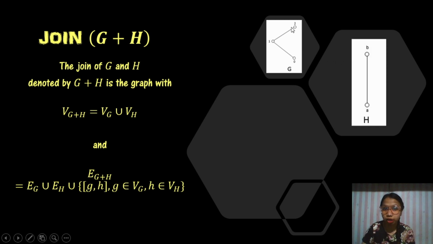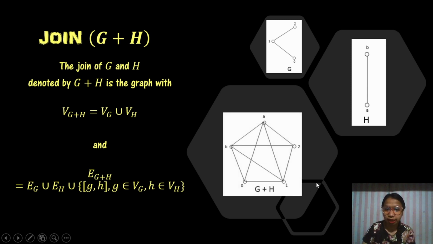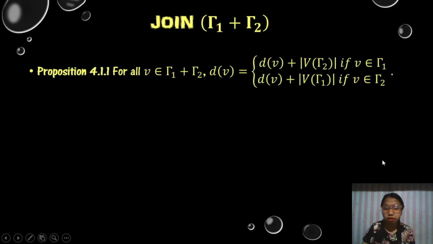If we get the join of this graph G with our graph H, which has vertices A, B and the edge AB, we will have this resulting graph, G plus H.